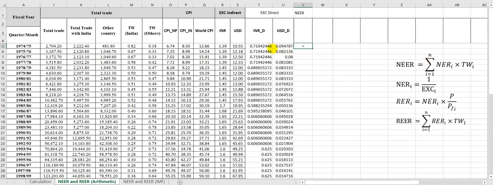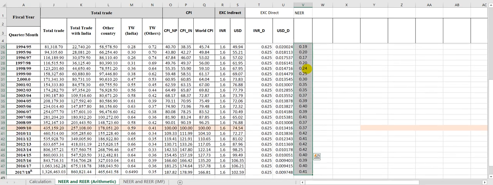It is 1 by EXC, which I have already done. It's the direct quotation for the Indian exchange rate times its trade weight, plus the USD direct quotation times others. Let's press OK. It's the NER.